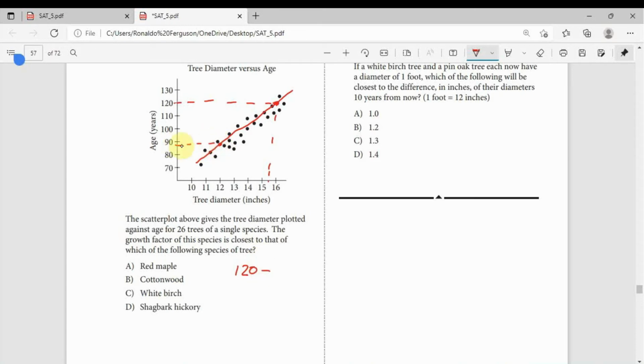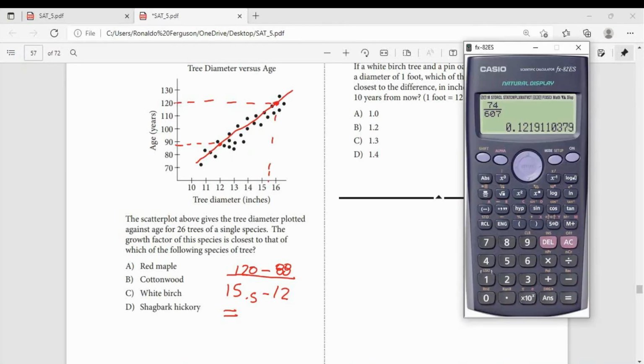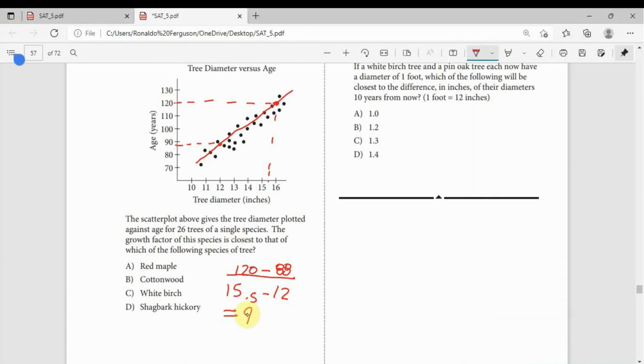Y2 looks like maybe 88, over x2, 15.5 minus x1 of 12. What does that give us? 120 minus 88 over 15.5 minus 12. That's giving me 9.14. That's 9.14.